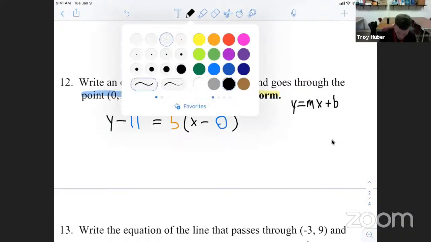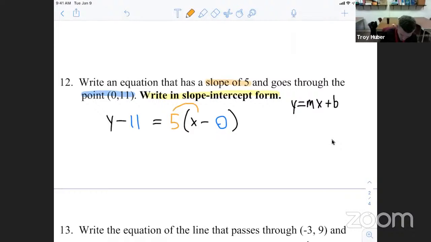First, we're going to distribute our slope, that 5, to both of these terms. So I get y minus 11 is equal to 5 times x is 5x, minus 5 times 0, well, anything times 0 is just 0. Now, do we have to write minus 0? You don't have to.